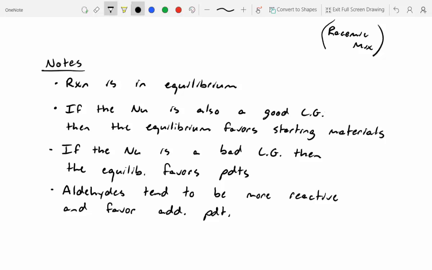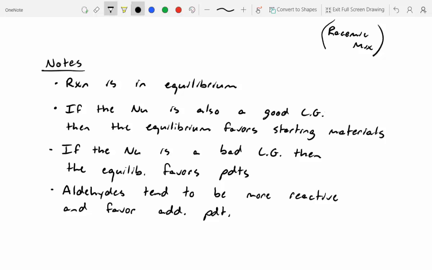So those are the main notes that you have to focus on whenever you're looking at nucleophilic addition to aldehydes and ketones. Aldehydes tend to be more reactive, and then you also have to identify whether or not your nucleophile is also a good leaving group. Oftentimes we try to choose nucleophiles that aren't the best leaving groups if we are trying to favor formation of a product.